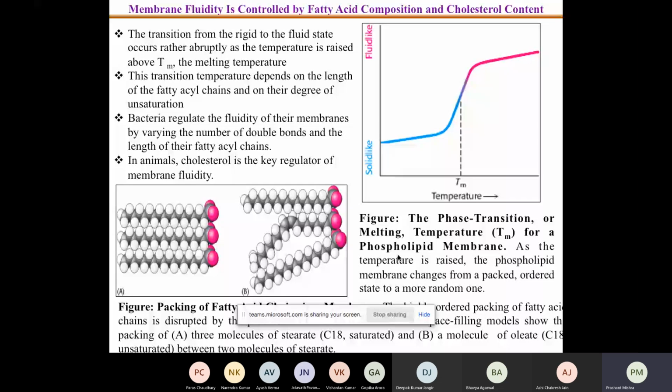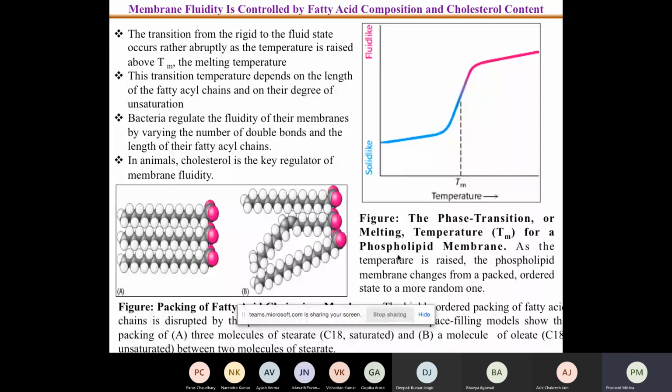It's a very interesting question based on what you are learning today, and you should be able to answer. So when you are growing at low temperature, the bacterial membrane is trying to become rigid, isn't it? When you lower the temperature from 30 to 10 degree, they are becoming rigid.